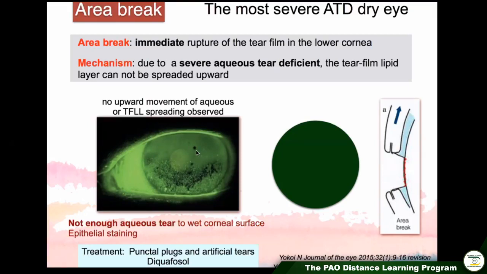Why so? It's so dry. These are very severe aqueous tear deficient eyes. Even when they blink, there's not enough tears to coat the surface of the cornea. So you get an area break immediately. We call that an area break; it didn't form a tear film at all.